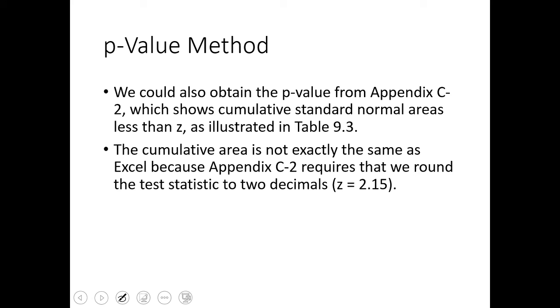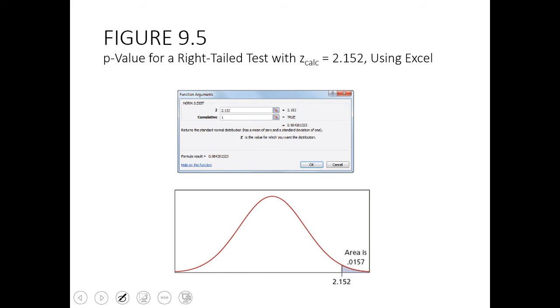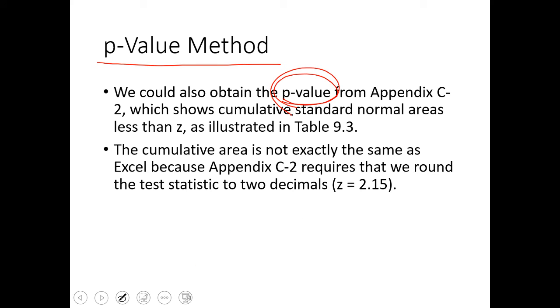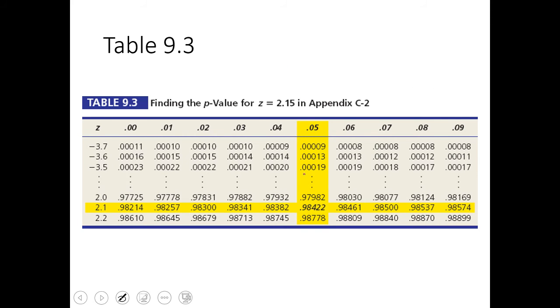And the p-value can be calculated by the Excel function, or we can calculate this p-value using appendix C2. So for 2.15, we look at 2.1, then 0, 1, 2, 3, 4, 5. Then we have this number, which is the probability that the normal distribution is less than 2.15.